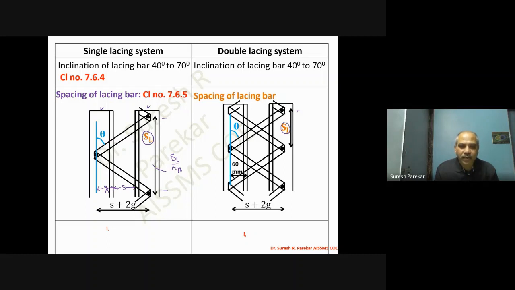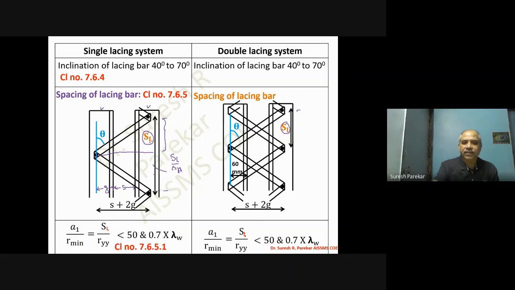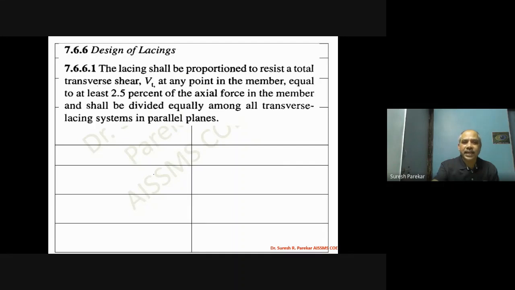Here we have directly SL in double lacing, but for single lacing we have to multiply it by 2. Then SL upon RYY will be less than 50 and 0.7 into lambda whole. This is given in clause number 7.6.5.1.